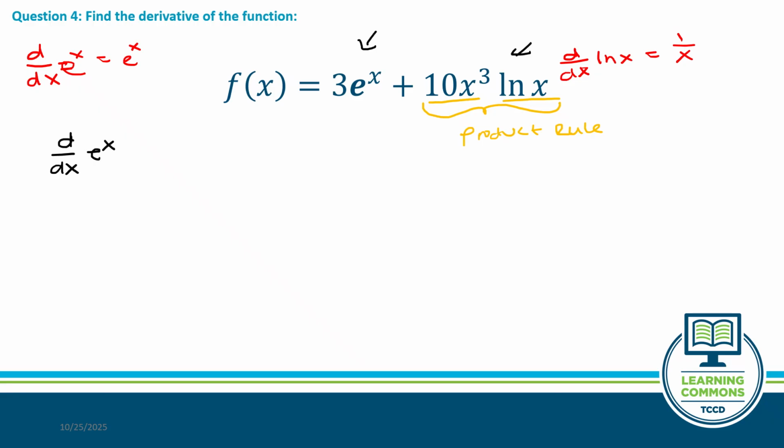Forgot the 3. Alright, well, actually, never mind. I'm going to pull the 3 out, just for giggles and such.